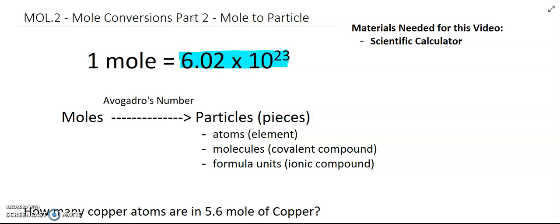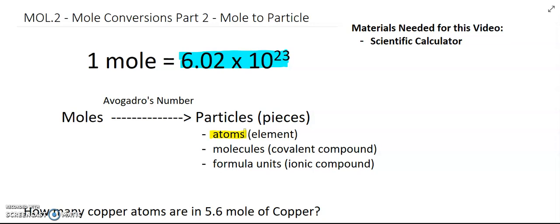And that leads to some confusion in chemistry problems because they'll ask you for different things, but the math is all the same. So here are some of the common terms you're going to run into. If I'm talking about the number of pieces of carbon at the tip of your pencil, we're going to use the term atoms, because pieces of an element, like carbon, are referred to as atoms.